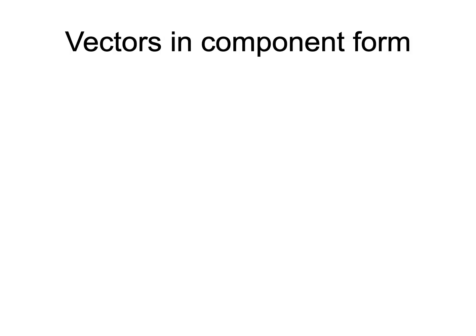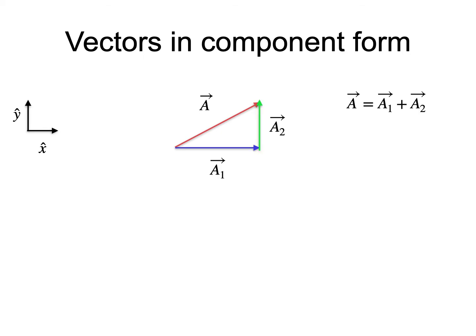Let us say that you want to describe vector A in relation to the following set of reference directions, where x hat points towards the right and y hat points towards the top of the page. You can always draw two vectors parallel to the reference direction, and that once added will be equal to the vector A. Vector A1 is parallel to x hat, and vector A2 is parallel to y hat.